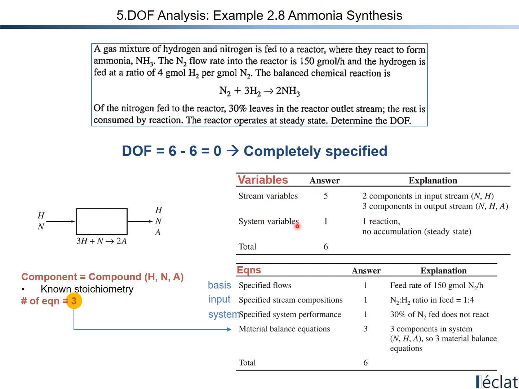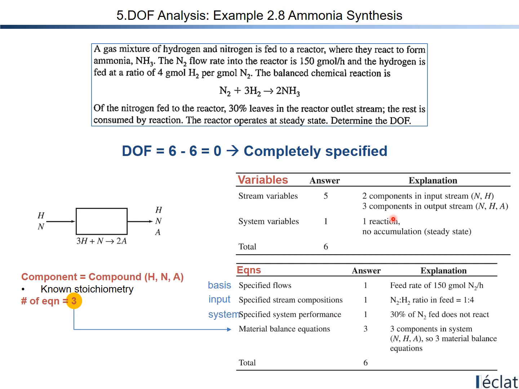In the textbook method, reaction is considered as the system variables, not the equations. Actually, can you remember? We have counted the stoichiometric coefficients inside the chemical reaction equation as the relationship or restrict between consumption term and generation term.